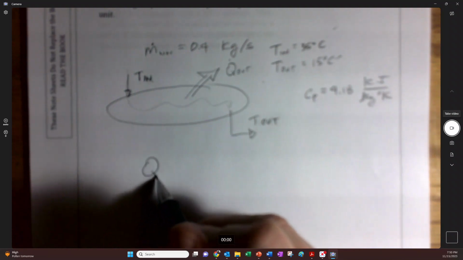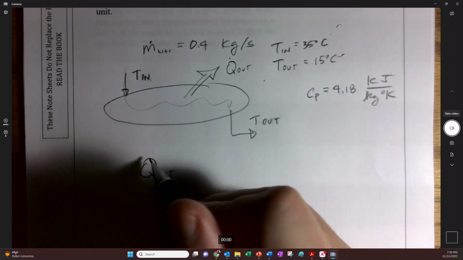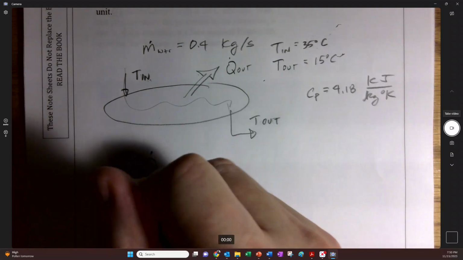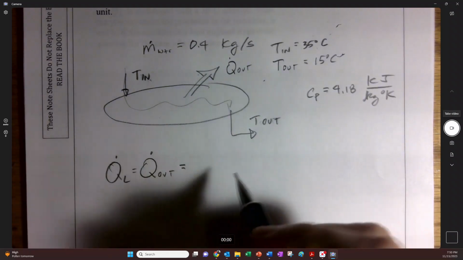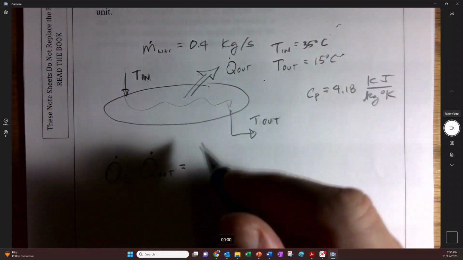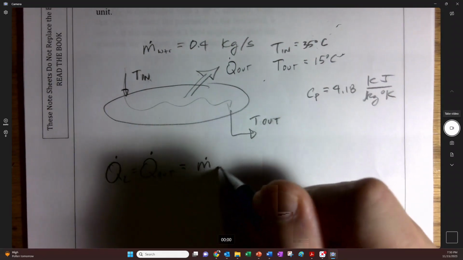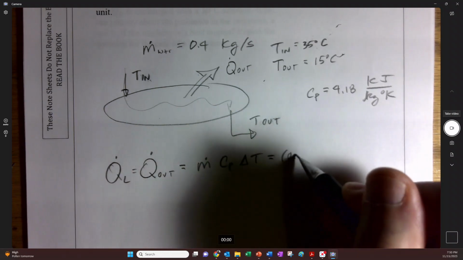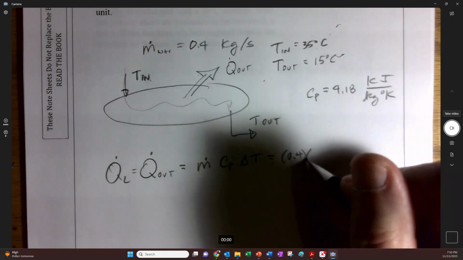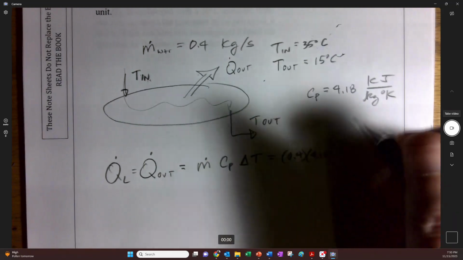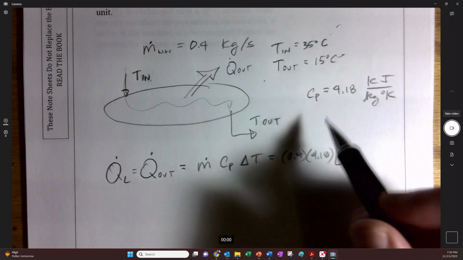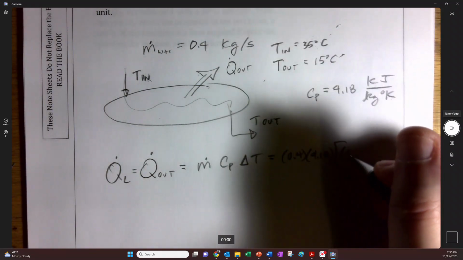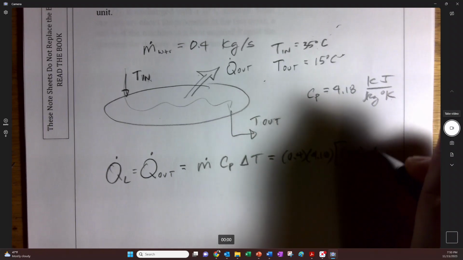So we go Q out, and there's also Q low in whatever refrigeration system they're dealing with. M dot Cp delta T, or 0.4, 4.18, and we don't need to change the Kelvin because it's a temperature difference, so it's 35 minus 15.